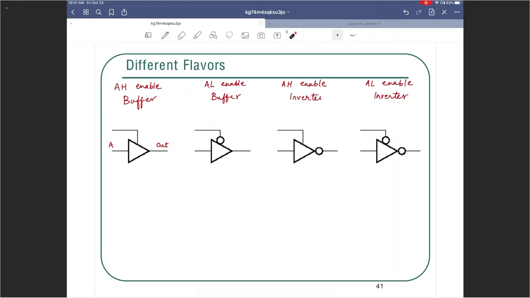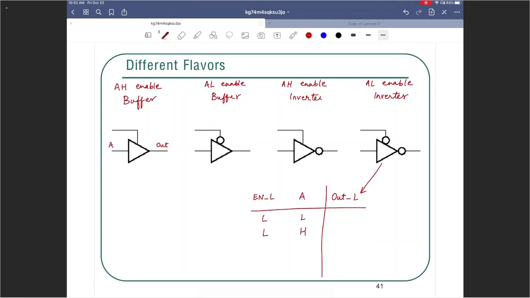So once you look at this, let us write a truth table for one of them. So let us pick, let's see, maybe we can pick this last one. Let us try to write the truth table of this guy. You have enable underscore L, active low enable, input is A, output is Out underscore L. Enable underscore L could be low, and when it is low, A could be low or high.